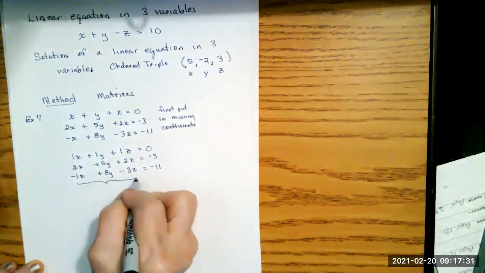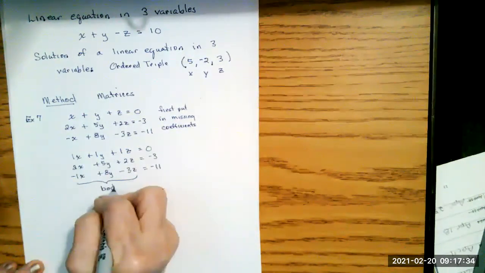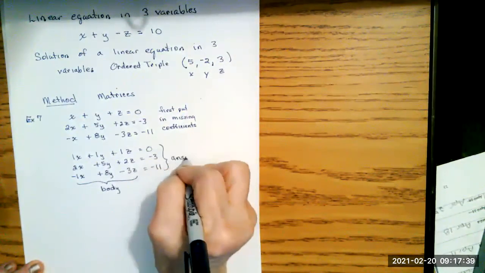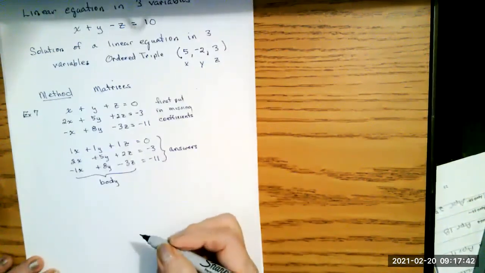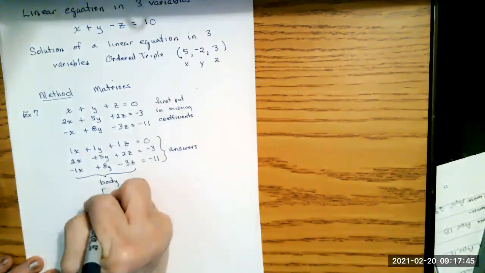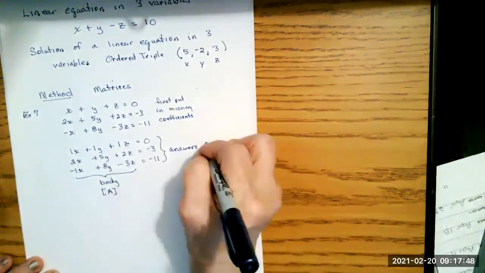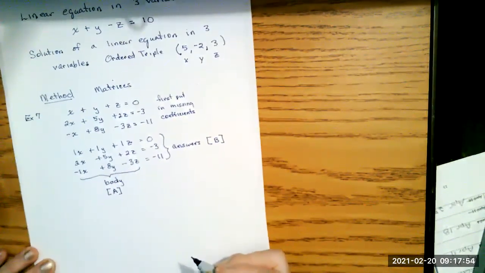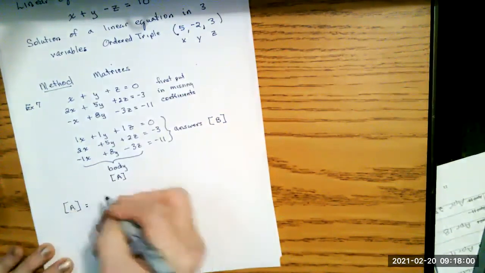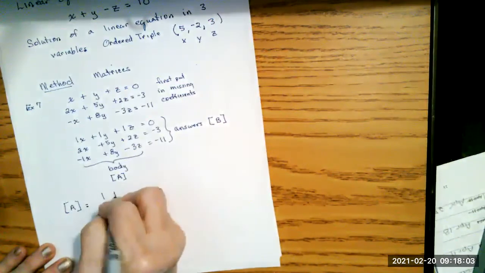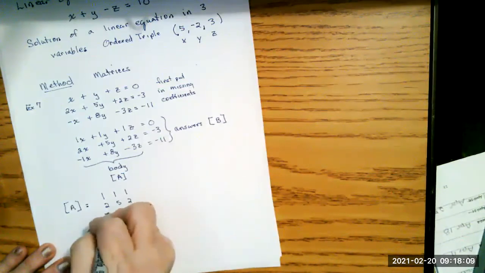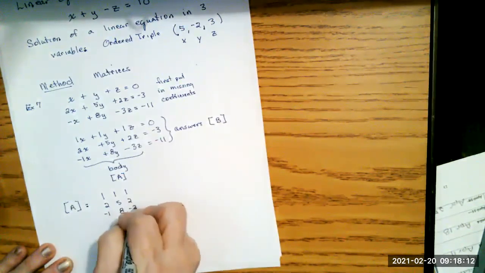What you need to know is this is called the body of your problem, and these are called the answers. For the body of the problem, we will set up a matrix that's called matrix A. And for the answers, we'll set up a matrix that's called matrix B. So for our matrix A, we will have a matrix that has 1, 1, 1, 2, 5, 2, -1, 8, -3.